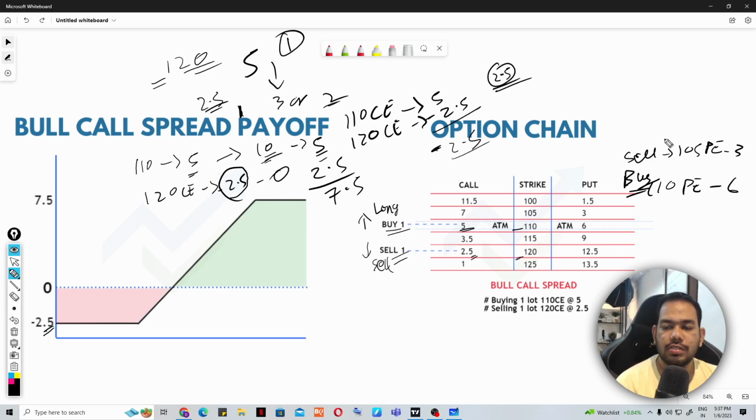Okay, so net debit will be 3 rupees. So the same scenario can be done on the put side as well.